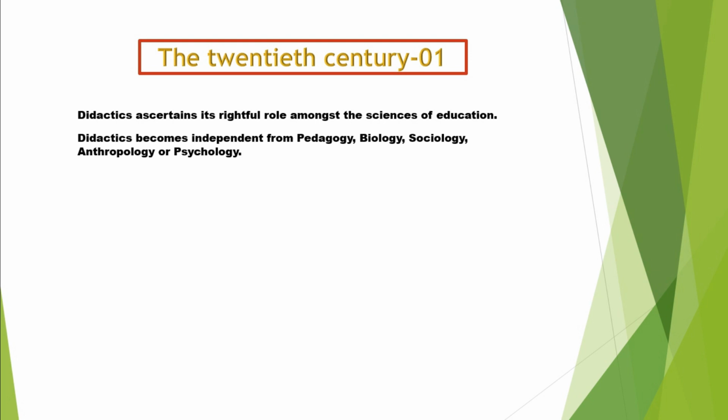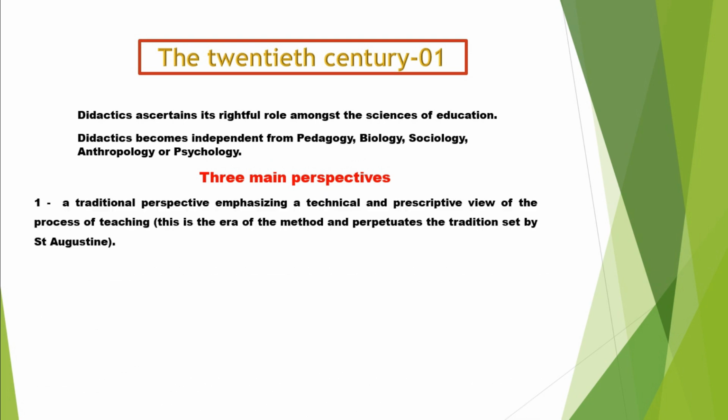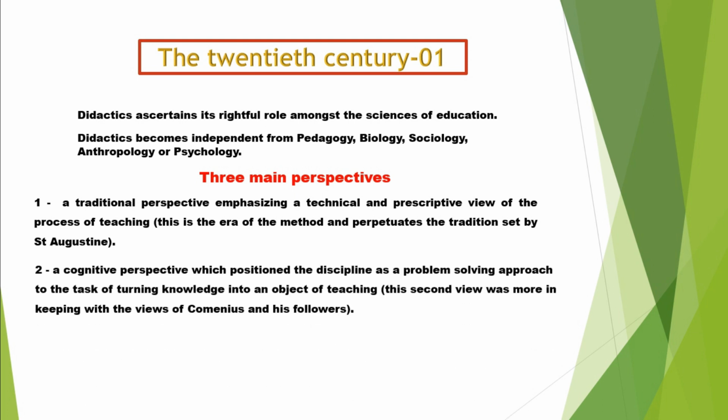During that century, the process of validation of didactics as a self-standing and essential discipline in education moved amongst three main perspectives. A traditional perspective emphasizing a technical and prescriptive view of the process of teaching. This is the era of the method and perpetuates the tradition set by Saint Augustin.